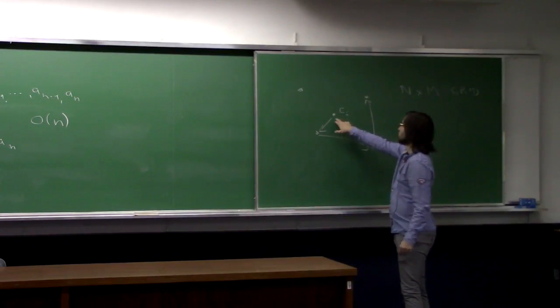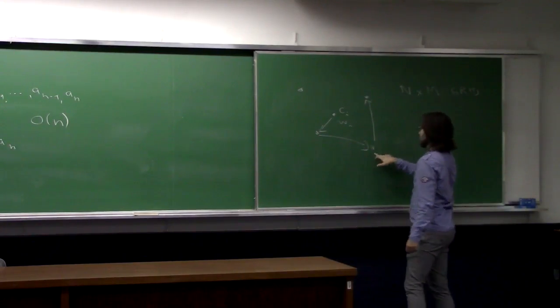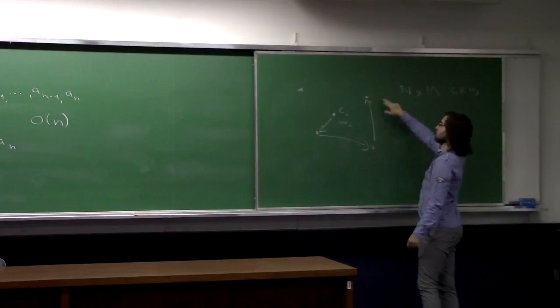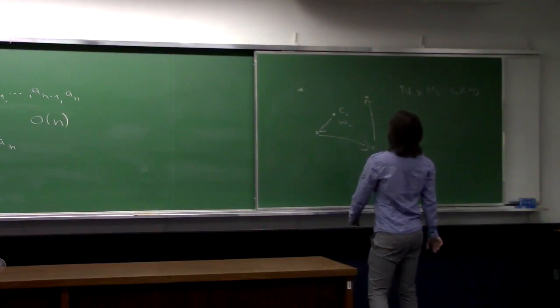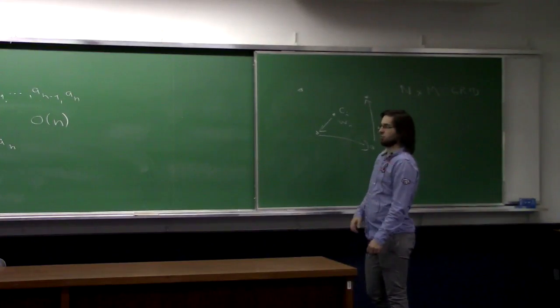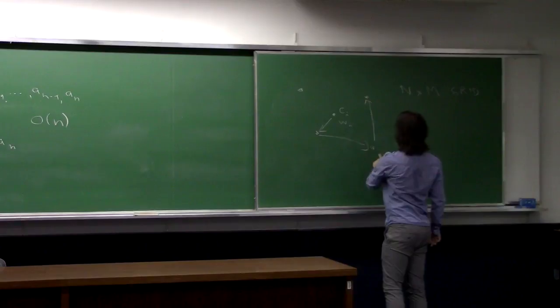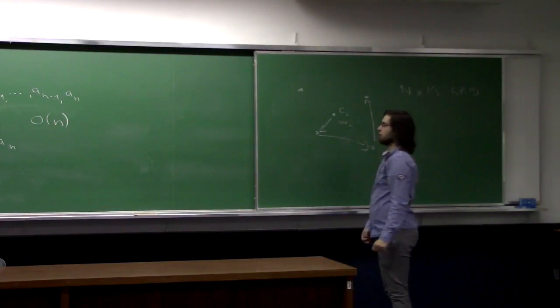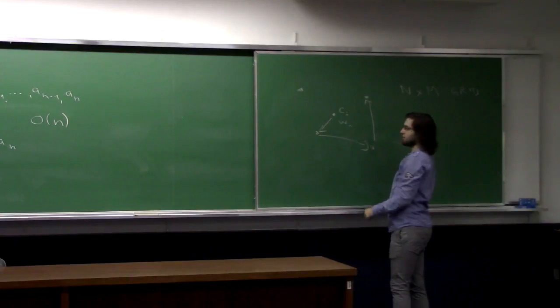So w of this point must be smaller than w of this point, which then must be smaller than this w, and so on. And we want a path with maximum cost. The maximum cost is the sum of costs of all points in this path plus the sum of distances, where the distances are Manhattan distances.